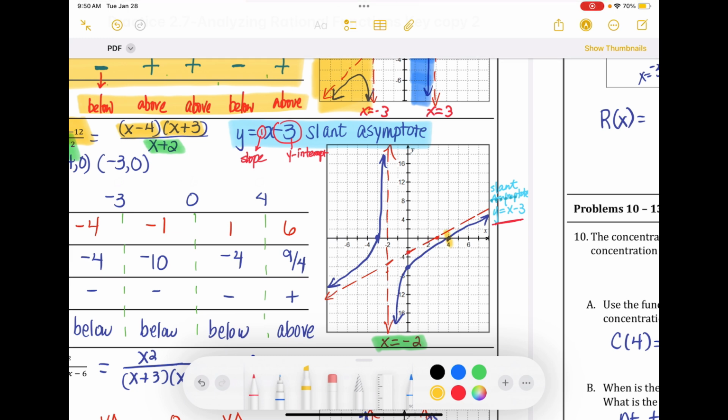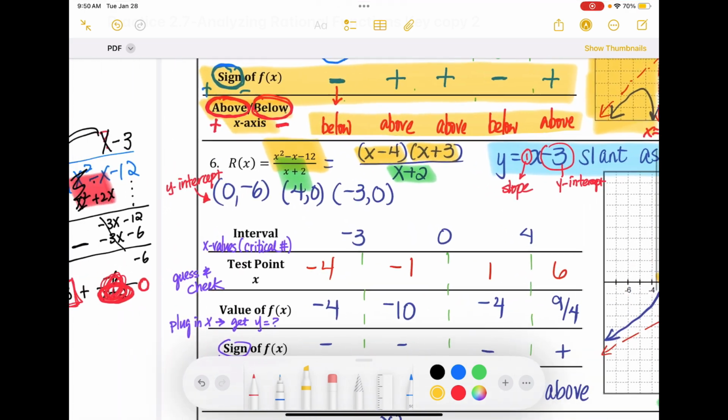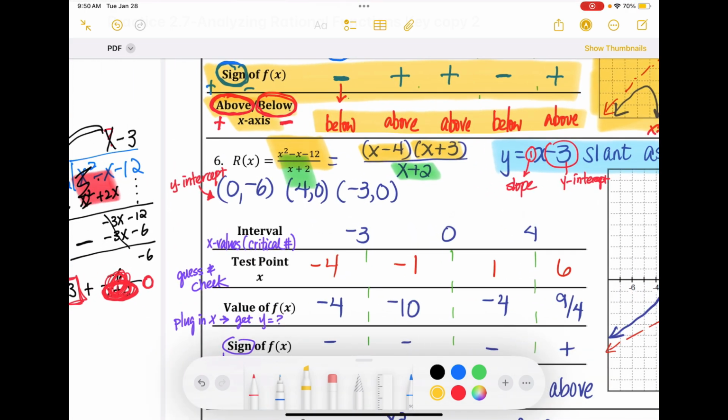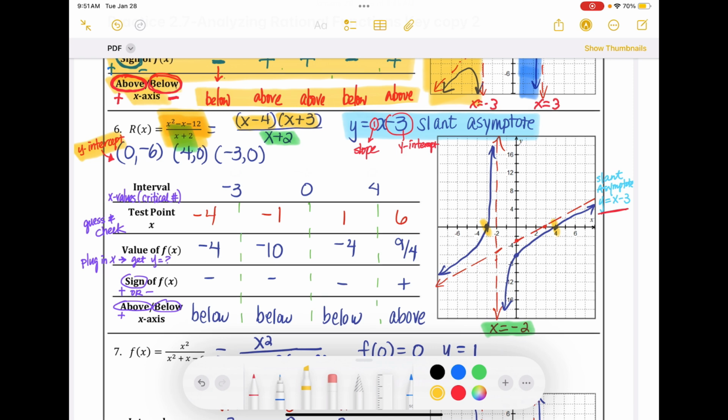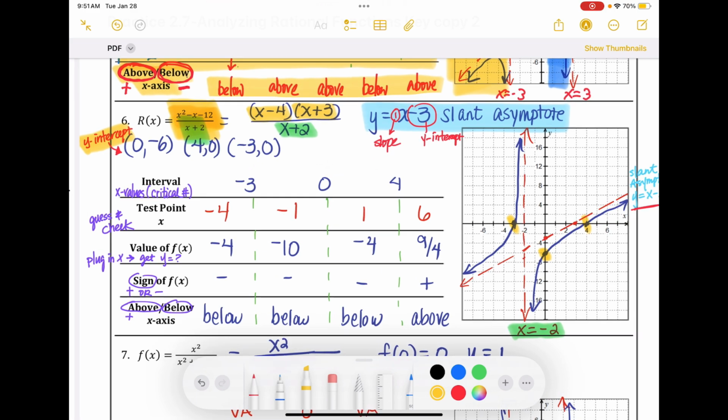Now, if you know about the zeros, aka my x-intercepts, you also will call out the y-intercept when x equals 0. So when you plug in x equals 0 into your original function, you get negative 6 as your outcome for my y-intercept. So this is where you see the negative 6 for my y-intercept.